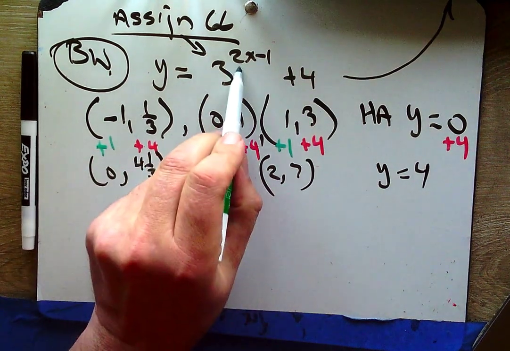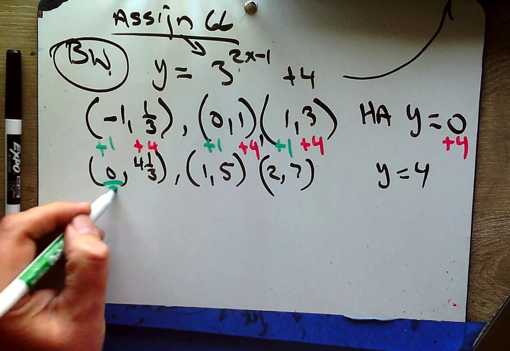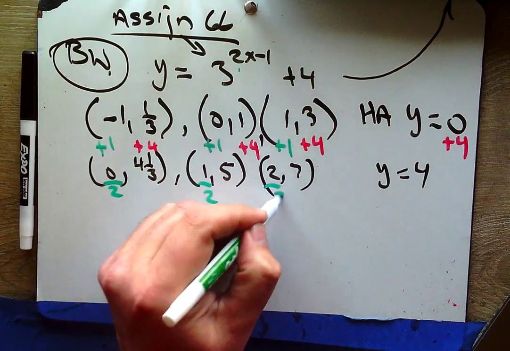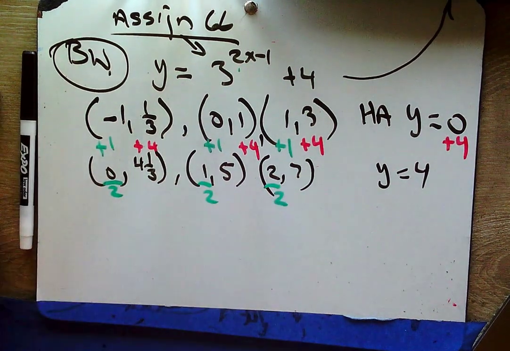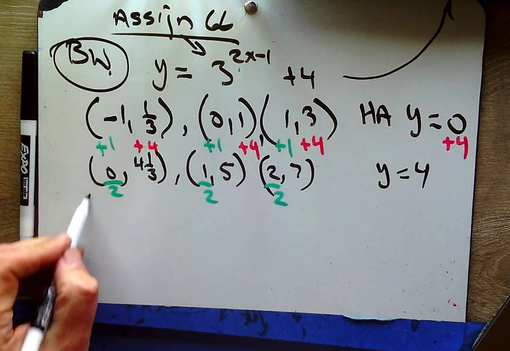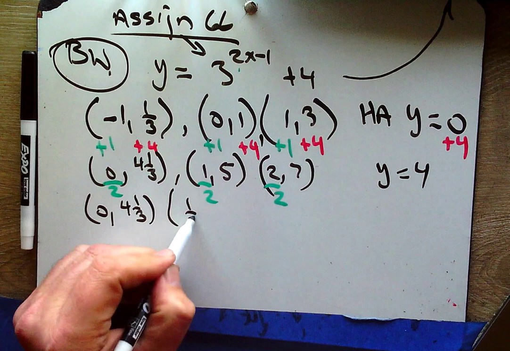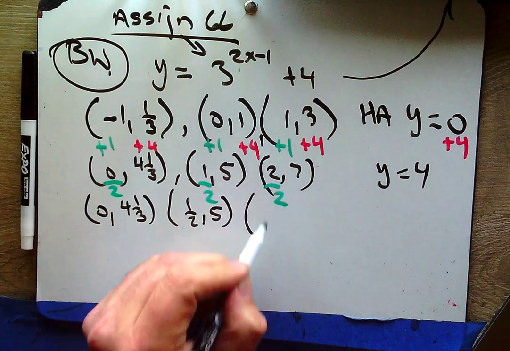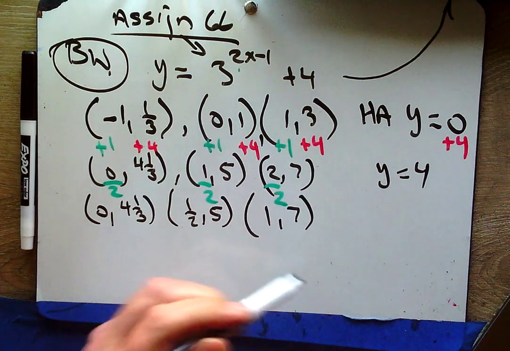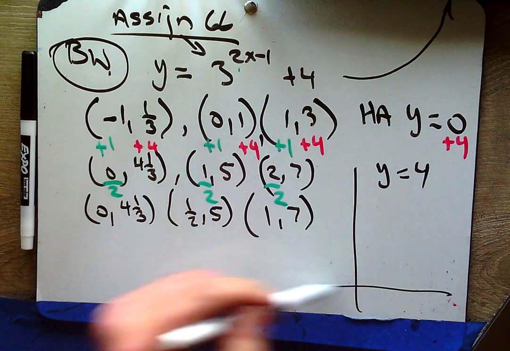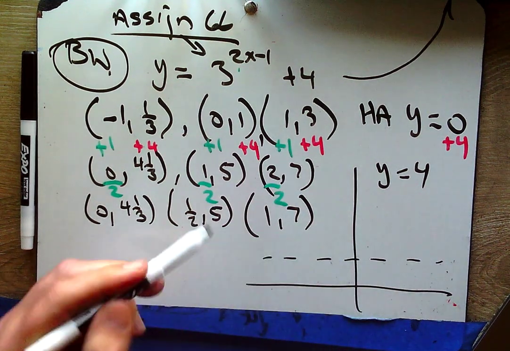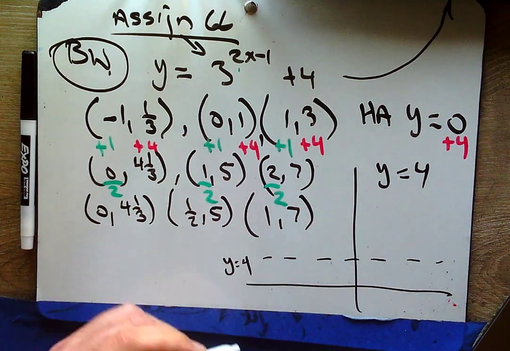Finally, I have to come back and divide all the x's by 2 to take care of that horizontal compression. So my final points, the ones that I'm going to be graphing, 0, 4 and 1/3, 1/2, 5, 1, 7. So we have our horizontal asymptote. Please make sure you always label that.